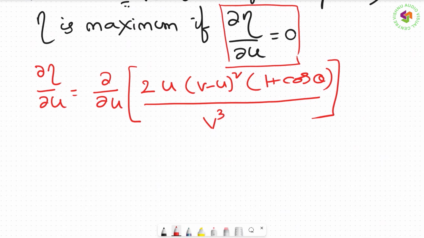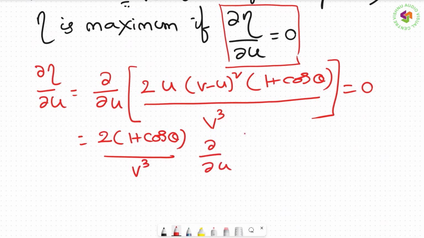I already told you cos theta is constant, 2 is constant, V cube is constant. If I bring these outside the derivative, 2 into 1 plus cos theta divided by V cube comes outside into dou by dou u of u into V minus u whole square, is equal to 0.